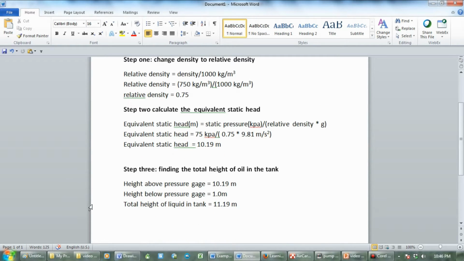Step 3. Finding the total height of oil in the tank. Height above the pressure gauge is our static head of 10.19 meters. Height below the pressure gauge is given as 1 meter, so the total height of liquid in the tank is 11.19 meters.